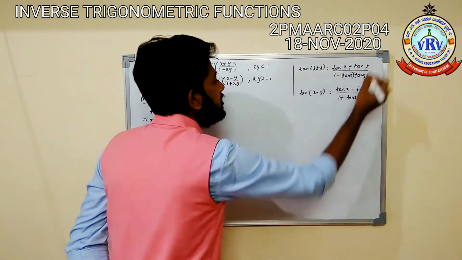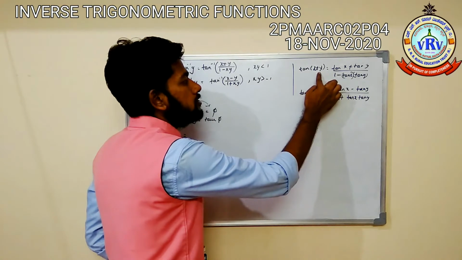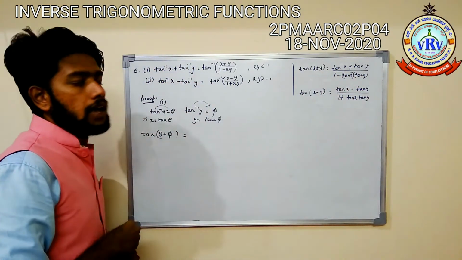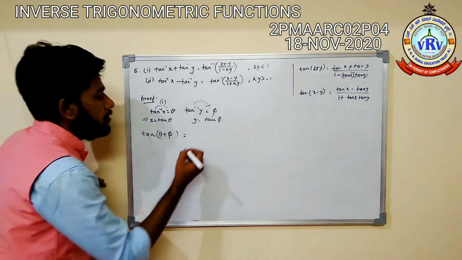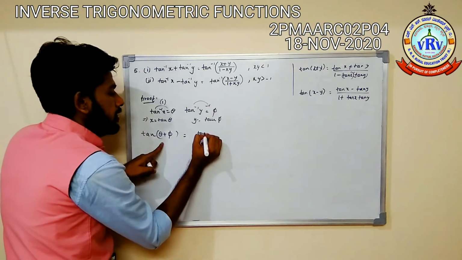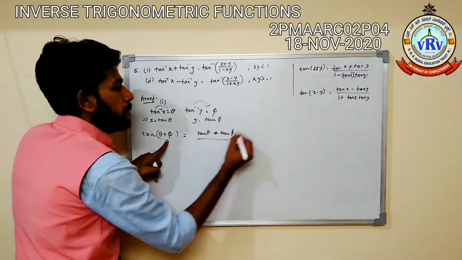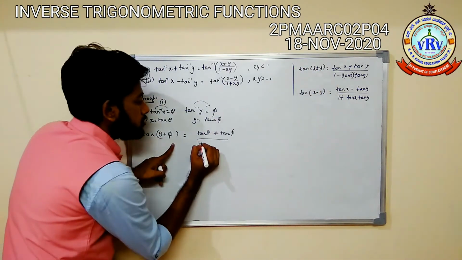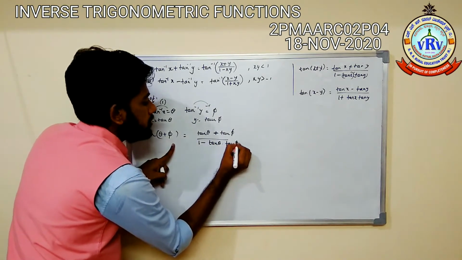We already studied in trigonometry that tan of (x plus y) is equal to (tan x plus tan y) divided by (1 minus tan x into tan y). Using this property, it becomes (tan theta plus tan psi), in the place of x we have theta and in the place of y we have psi, divided by (1 minus tan theta into tan psi).